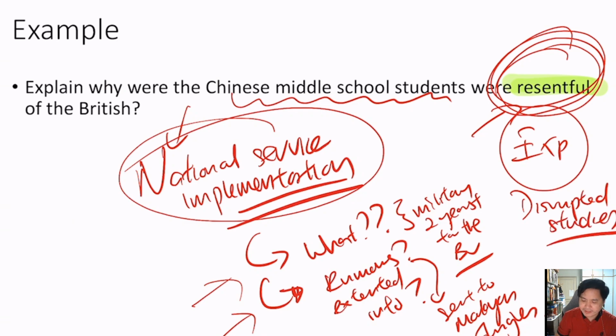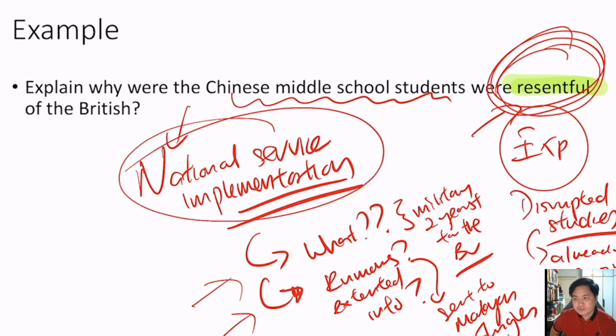Okay, the main idea here is it disrupted the studies, and they were already angry. Why are they already angry? They are already angry because they were not allowed to study in China, and hence because they can't do that, they can't get the jobs, a lot of local civil service jobs especially.